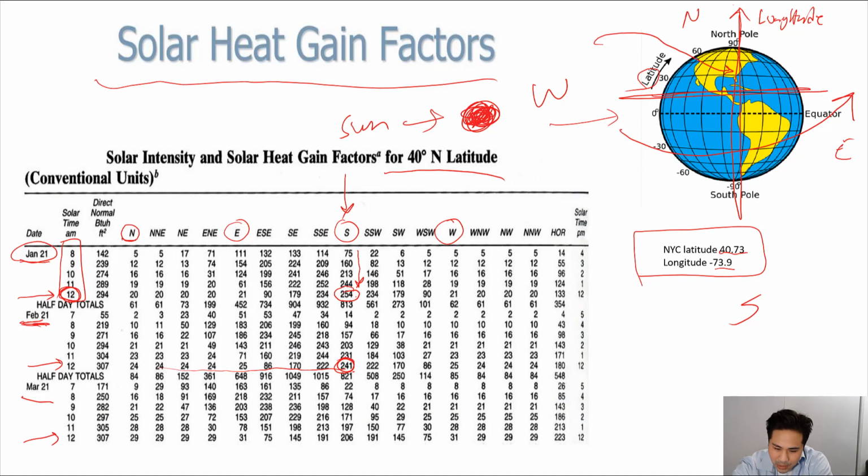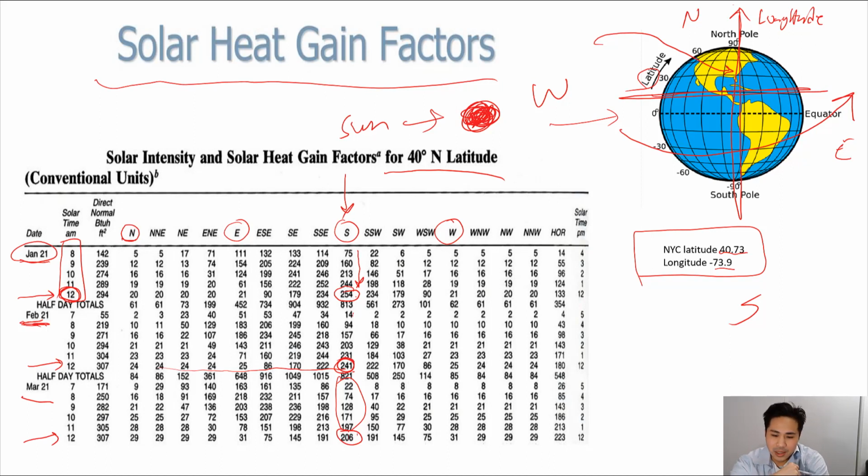Again, that's the highest value, and the same with March 21. That is going to be the highest value among all these other values here. So the south is the orientation that gives you the most solar heat gain, which occurs at noon in New York City.